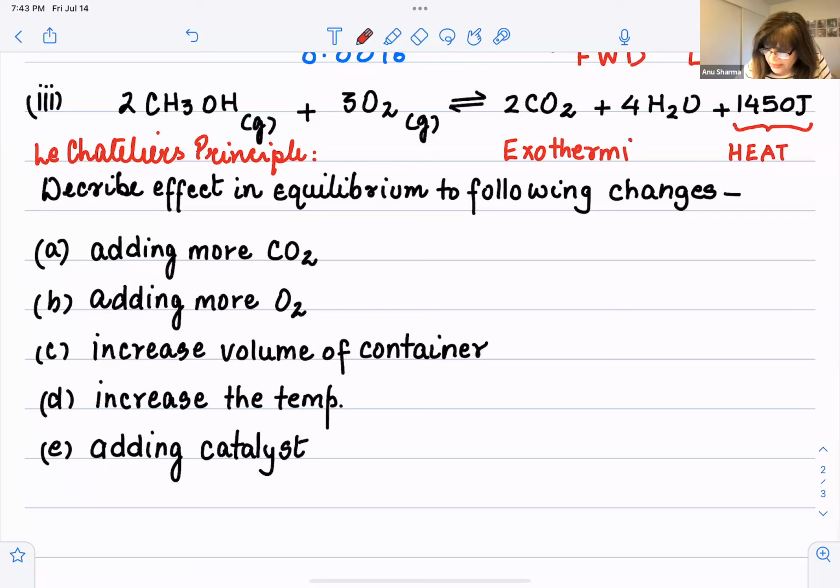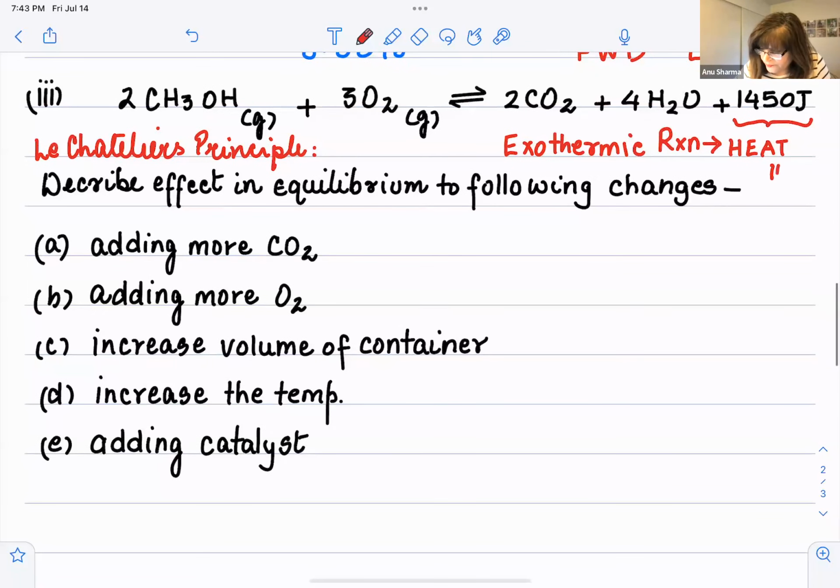In an exothermic reaction, the heat is being given off. Or you can also see that heat is a part of the product. Okay, now what happens when you apply these stressors, these changes?